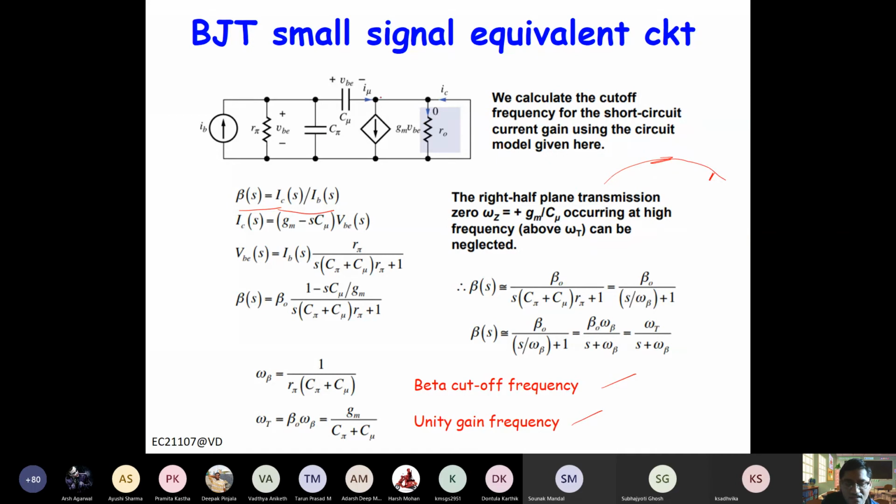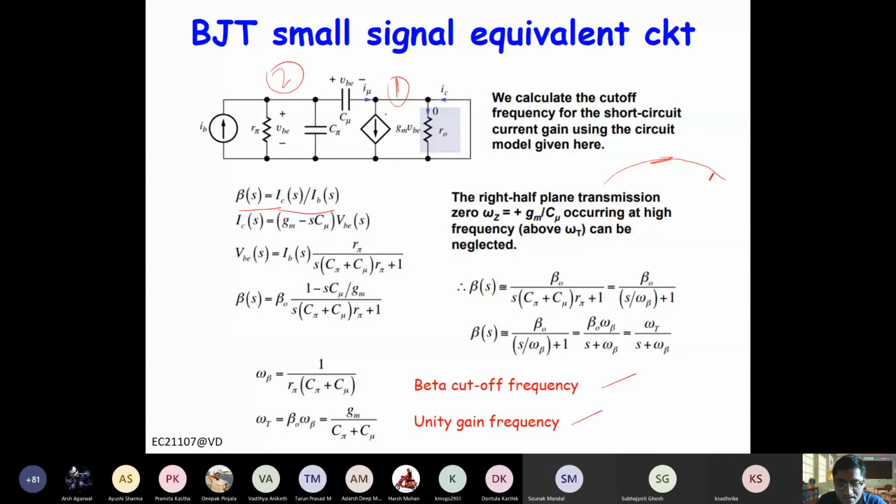Now this is a small signal equivalent circuit for common emitter, and this is a short circuit current basically at the output, IC at the collector output, and this is the input base current. And this is basically a simple circuit where you can just do the node analysis. So this is node 1 and this is node 2.